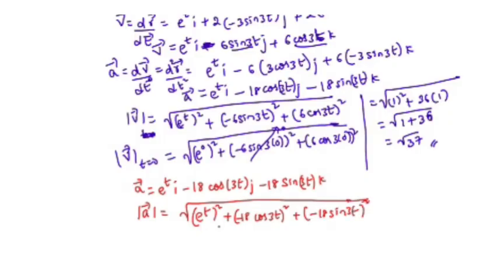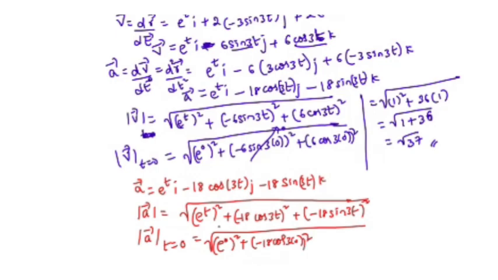Now the magnitude at t equals 0 will be the root of (e^0) whole square plus (minus 18 cos 3 into 0) whole square plus (minus 18 sin 3 into 0) whole square. Anything raised to the power of 0 is 1, so it will be 1 square plus 18 square.